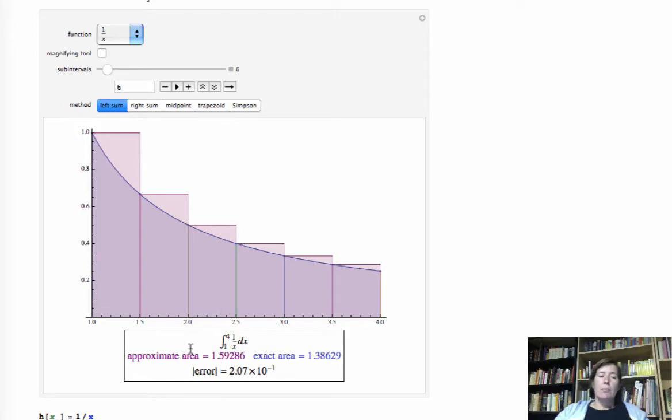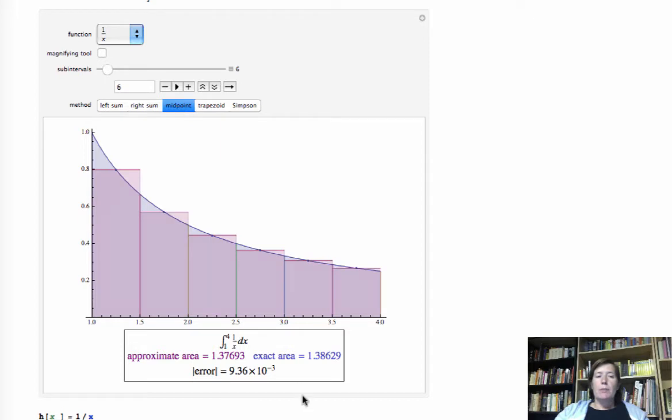And you can see at the bottom of this diagram what the approximated area is and what the exact area is, which is something we can calculate in this case, or at least get a very, very accurate approximation. So you see there's a small amount of error here for each of these approximations.